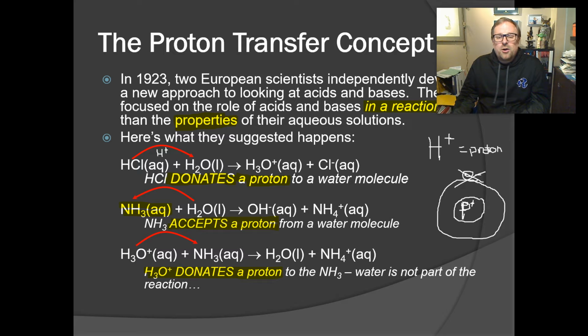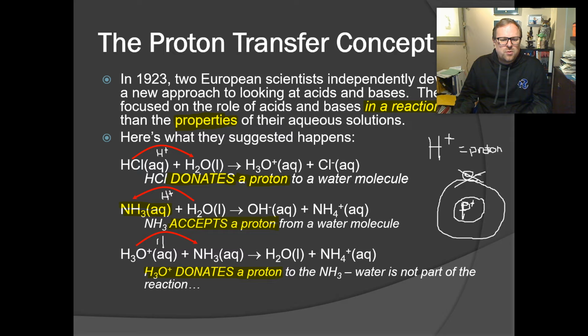And water is accepting the proton from HCl, so it is gaining an H+. Now it is H3O+. Same thing over here. If we're donating a proton, the hydrogen ion is going from water to the ammonia, so the water loses an H+ and turns into OH-, and the NH3 gains an H+ and turns into NH4+.